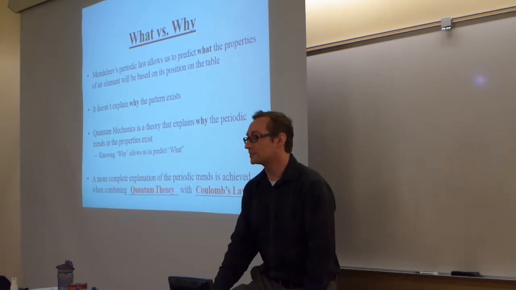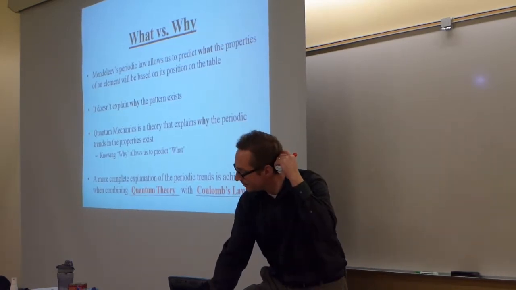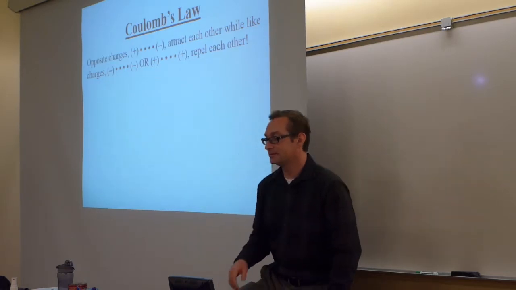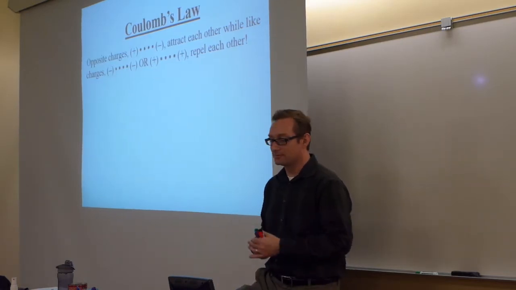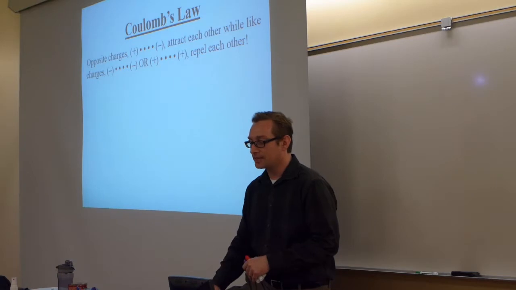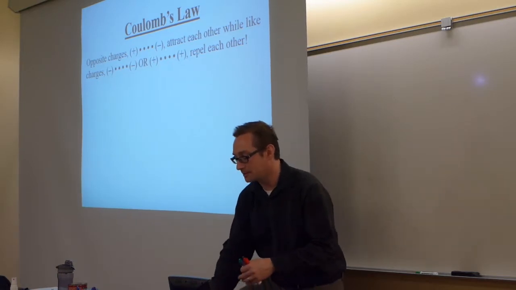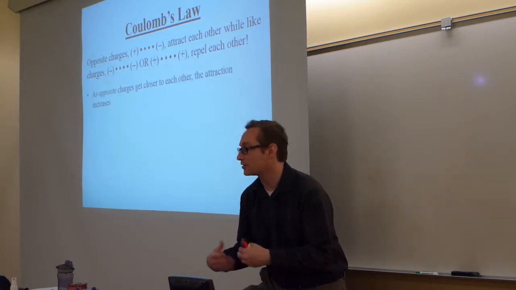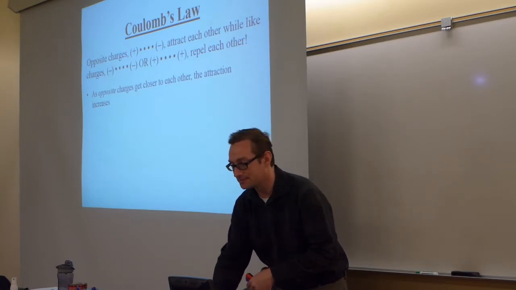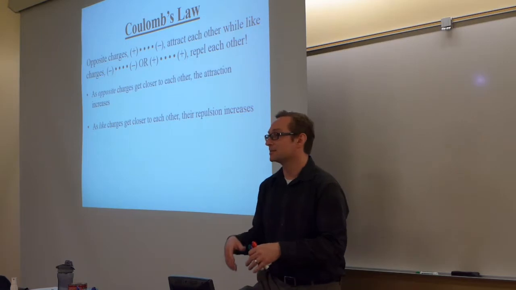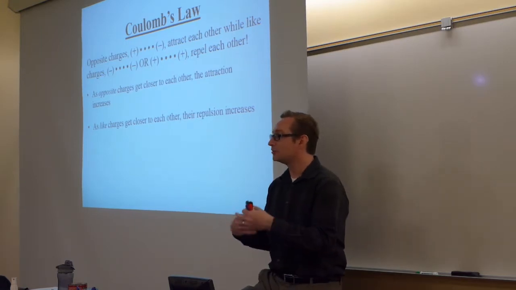So what is Coulomb's law? We kind of talked about this before. Opposite charges attract, like charges repel. We're going to combine that concept with the quantum model as we go through the trends. As opposite charges go closer together, the attraction increases. As like charges get closer together, the repulsion increases.